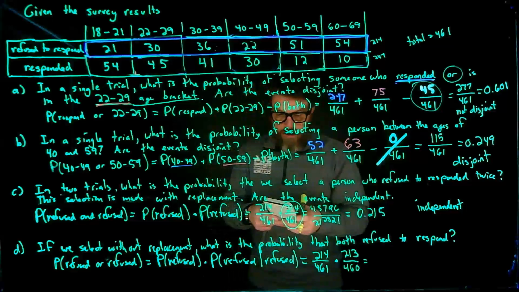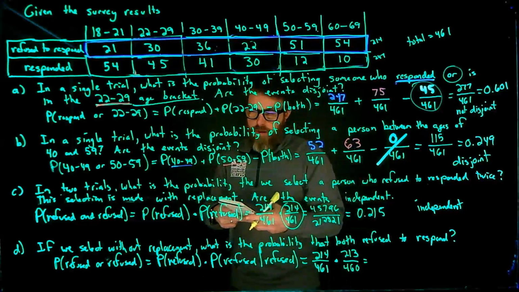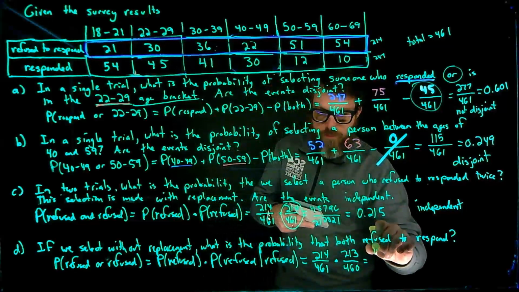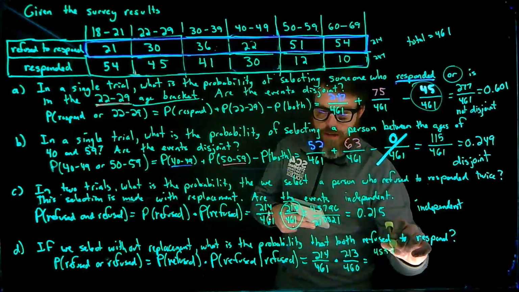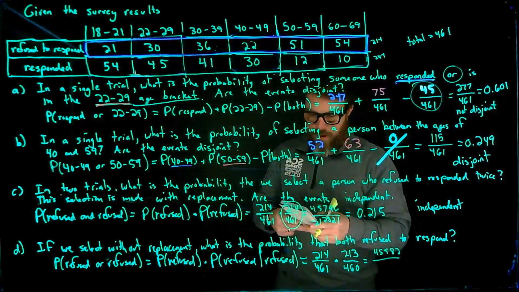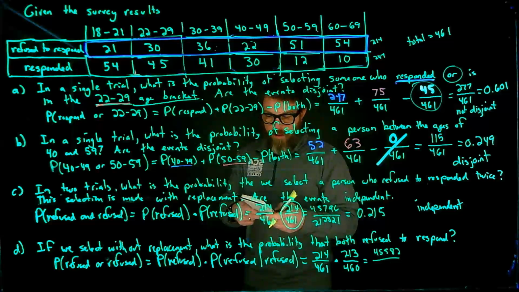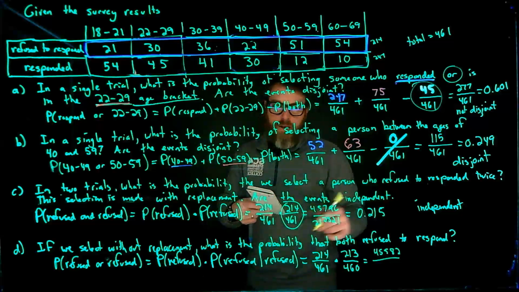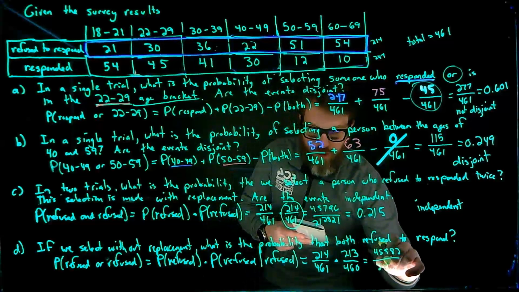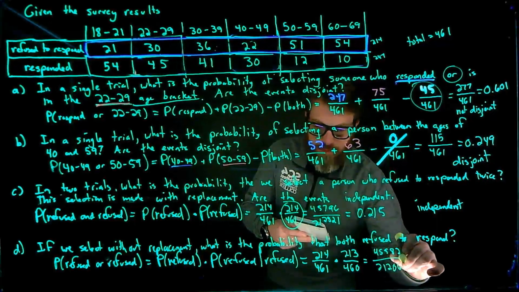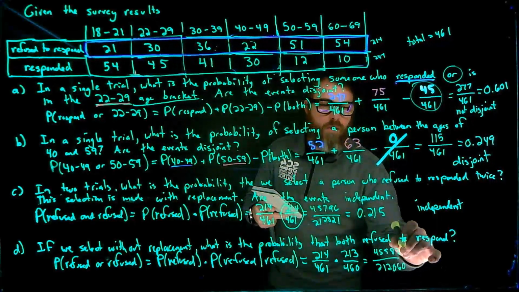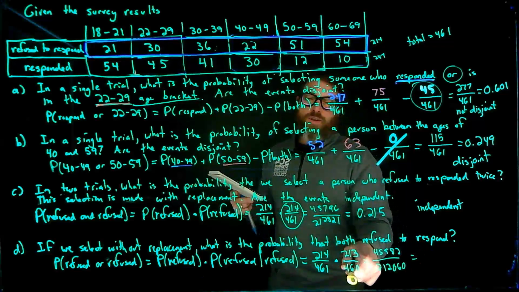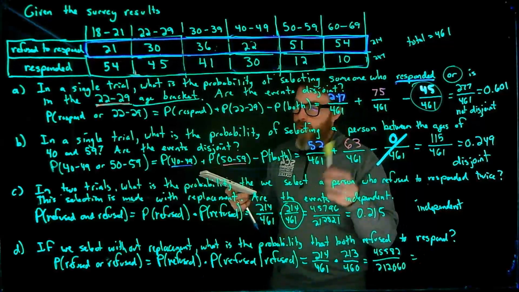So when you multiply these, 214 times 213 gives us 45582 divided by 461 times 460 gives us 2120960. You can see that this fraction is very close to this fraction. We're going to get a very similar number.